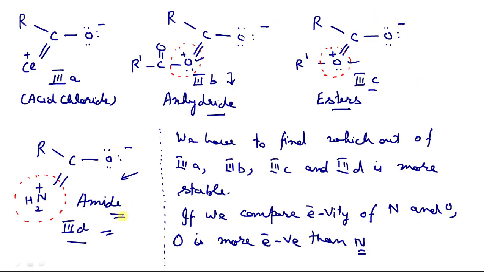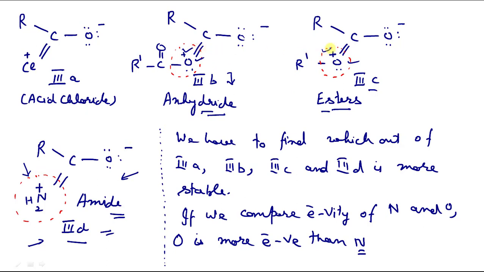Once again I will repeat how I have come to the conclusion that amide is more stable. As I have already discussed, the stability will depend upon the contribution of the resonating structure. When we compared the resonating structures of anhydride, esters and amide, we saw that there was a positive charge on an electronegative atom, but in case of amide it was on nitrogen, whereas in case of anhydride and ester it was on oxygen.